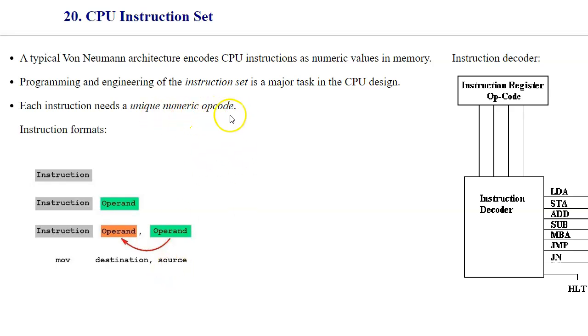So we have unique opcodes, and when the instruction is loaded from memory into the instruction register, there is an instruction decoder. Of course, it's like a demultiplexer, which decodes the instruction and activates a certain line, which activates the circuitry specific to that set of transistors responsible for execution of that specific instruction.